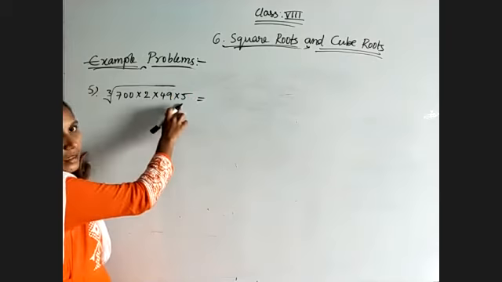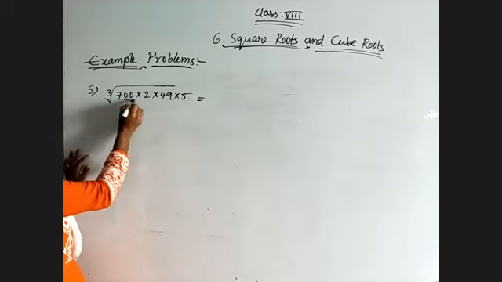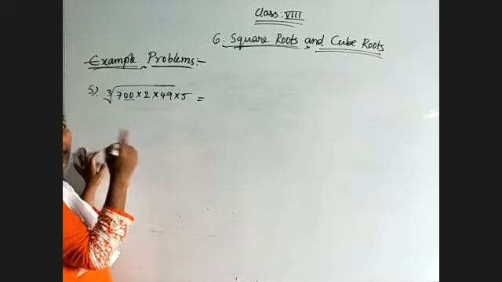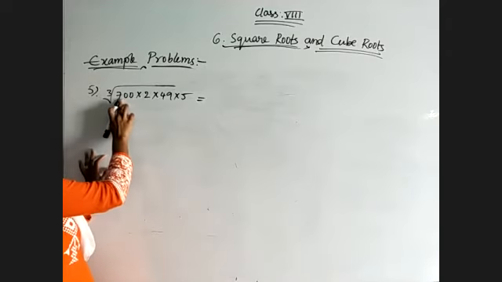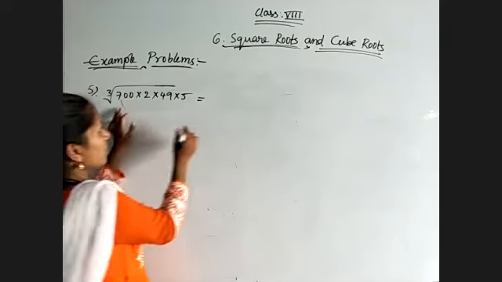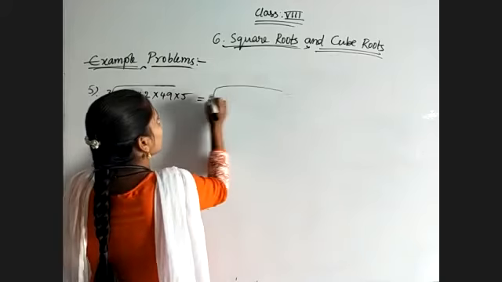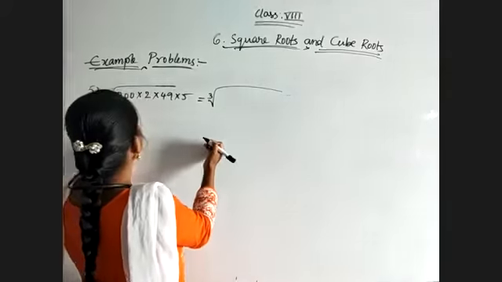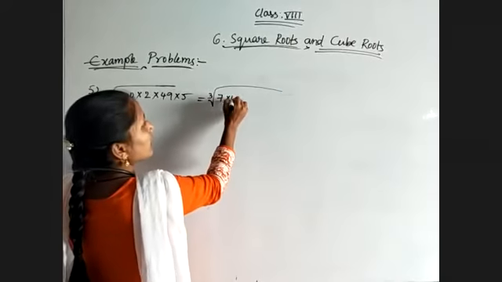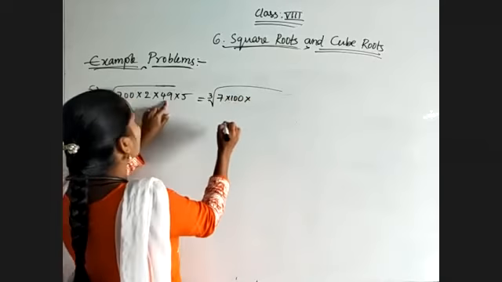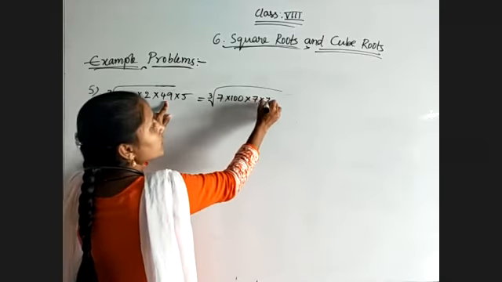5 2s are 10, and because here already 2 zeros are there, I am trying to write for another 0 because it will become 10 cube. So what I am writing, cube root of 7 into 100 into 49, I am writing as 7 into 7.